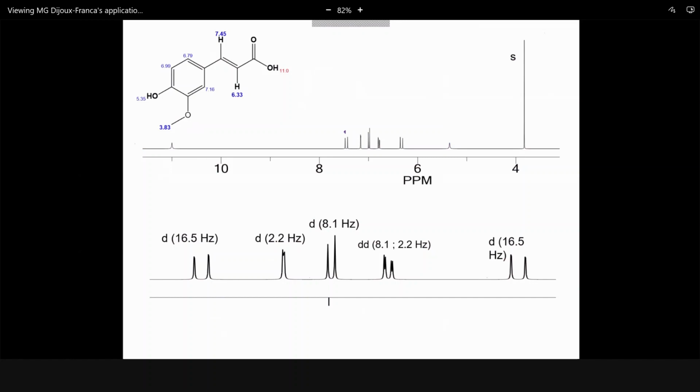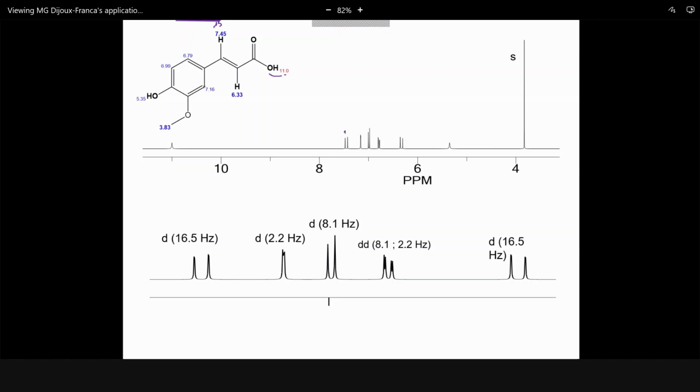And you can see that here the OH of the carboxyl group is around 12. Here are the 2 double bond, the ethylenic protons, with the coupling constant of 15.